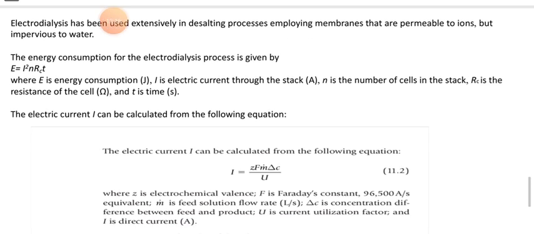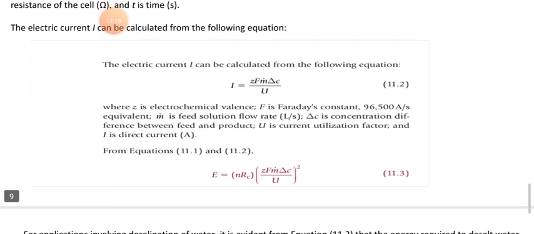Now this is the formula for calculating the electric current. The electric current can be calculated as I equals Z F M delta C upon U. You have studied this formula in your 12th standard.